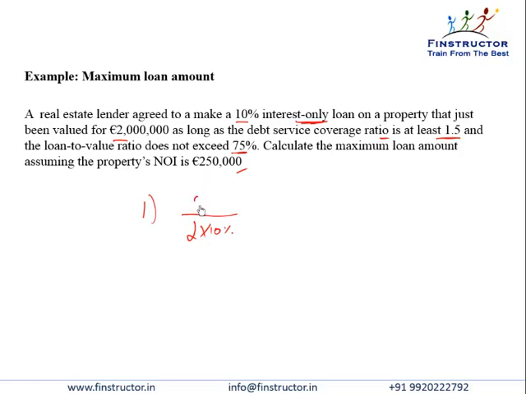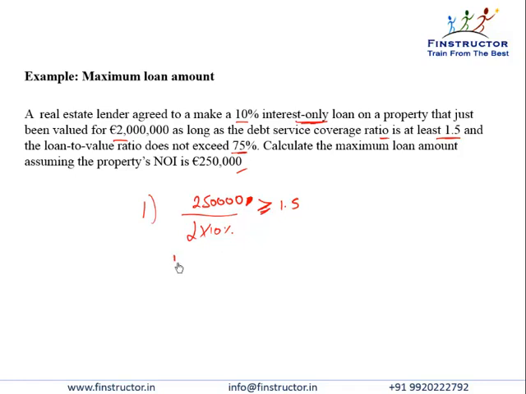The net operating income is given to be 250,000. So 250,000 divided by L times 10% should be at least 1.5, that is, greater than or equal to 1.5.